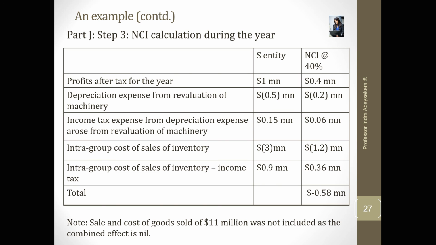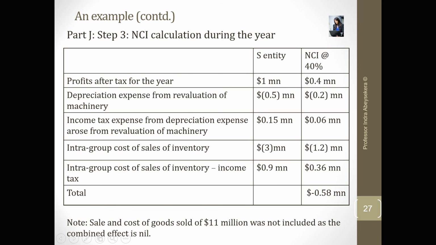And then there was an intergroup transaction where we decrease the unrealized gain onto cost of sales, that debit, and then the impact on income tax expense. It decreases income tax expense, and that's 0.9. So we assign 40% of each of these items to non-controlling interest. When we add up all that in step 3, it becomes a loss of 0.58 million.